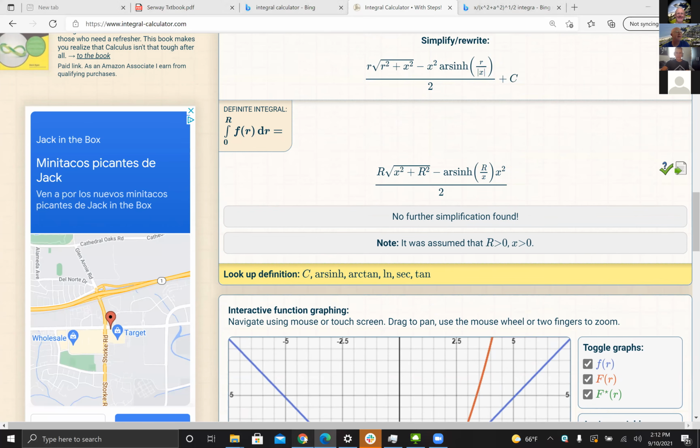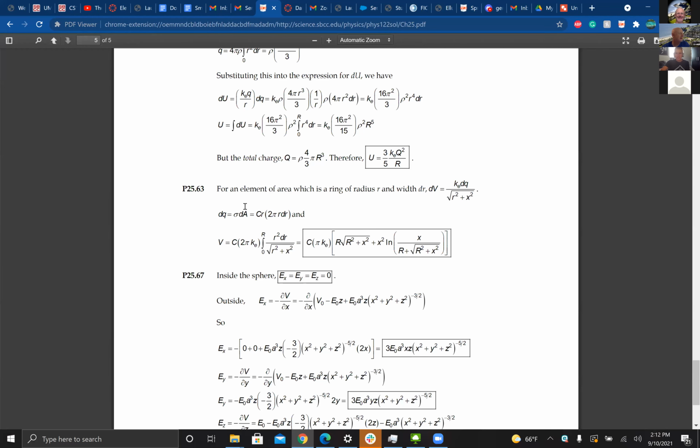I have the answer key open here too. Let me look at how they gave it. They have a C. These are constants that we didn't put in, I guess, but this should be the same, I think.